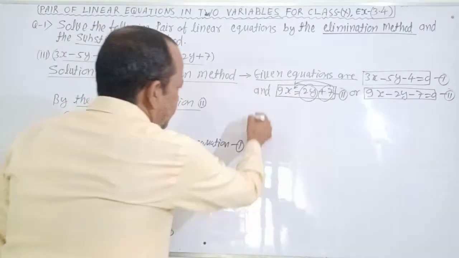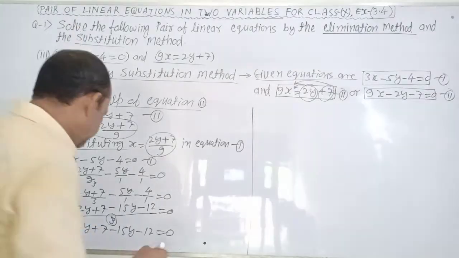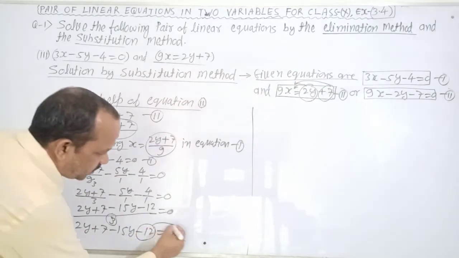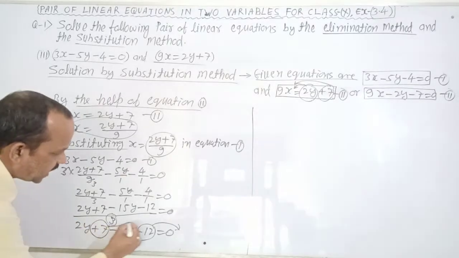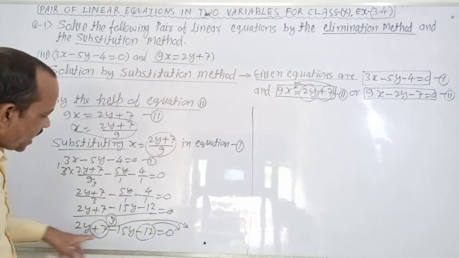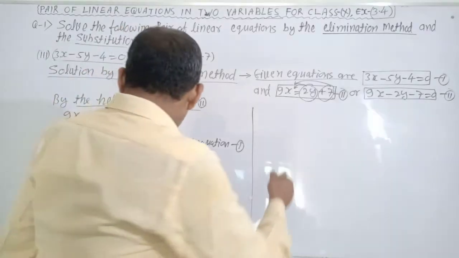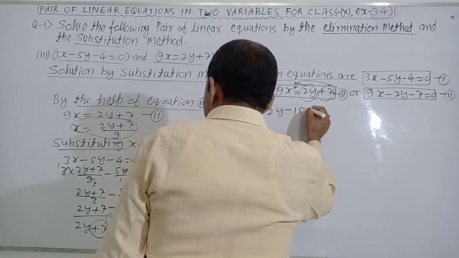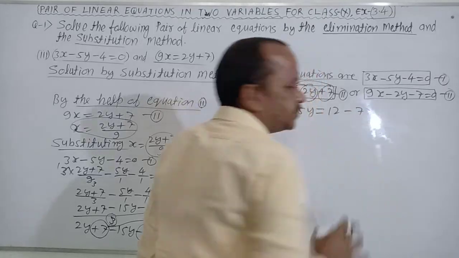Is it clear? Here you can write minus 12 on the right side of equal and plus 7 on the right side of equal, and subtract 2y and minus 15y. It becomes 2y minus 15y equal to 12 minus 7.